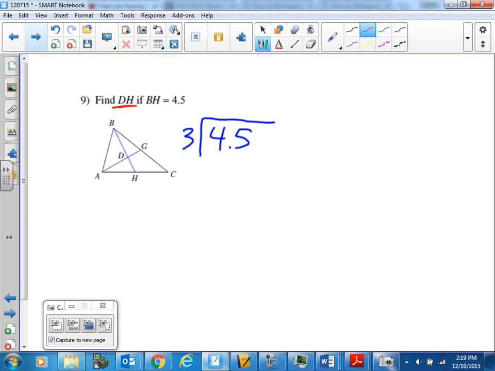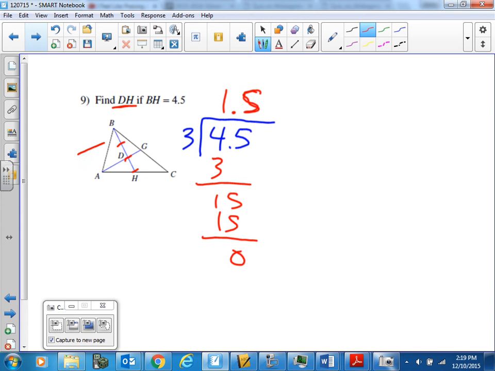She said, if I can take BH and split it into 3 equal parts, and I can find out what each part is, well, 2 of those will add up to BD, and the other one will be DH. So 4.5 divided by 3: 3 goes into 4 once. Then bring down the 5, remember to put up your decimal. 3 goes into 15, 5 times. We have no remainder.